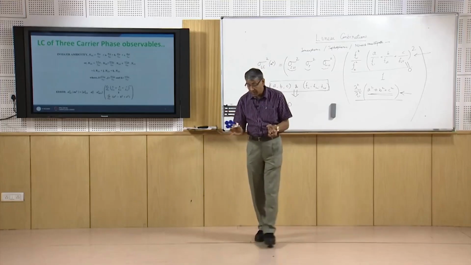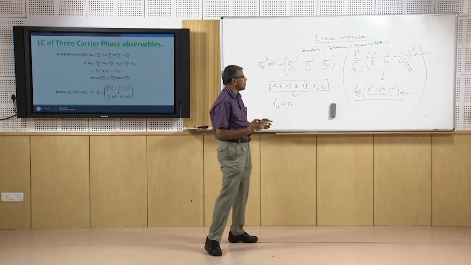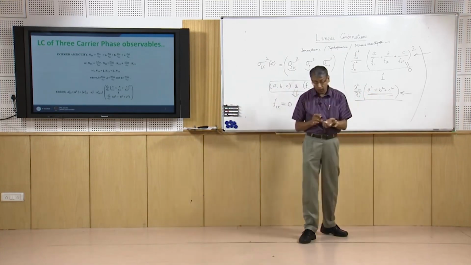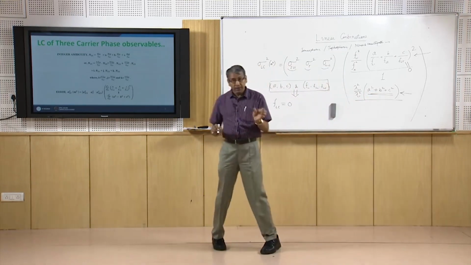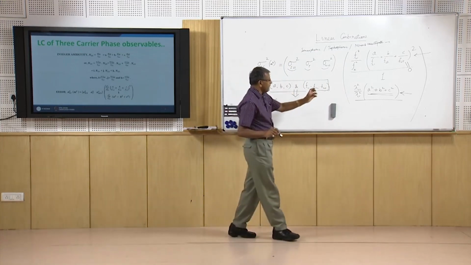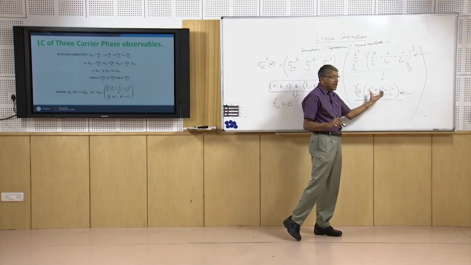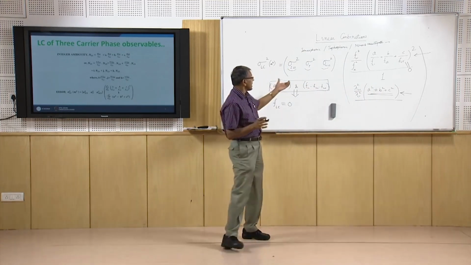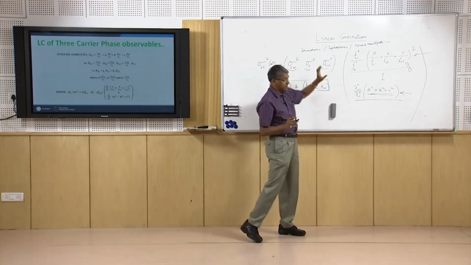Under all circumstances, whatever values we take for a, b, c, this summation will always be a positive number. This indicates that the error due to noise or multipath will always increase in the case of linear combination.